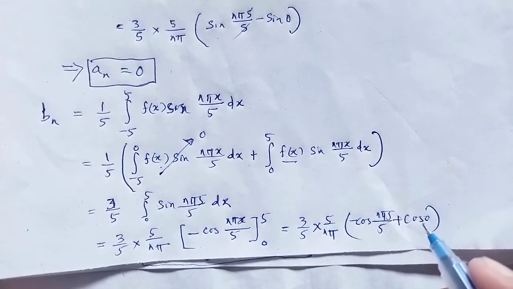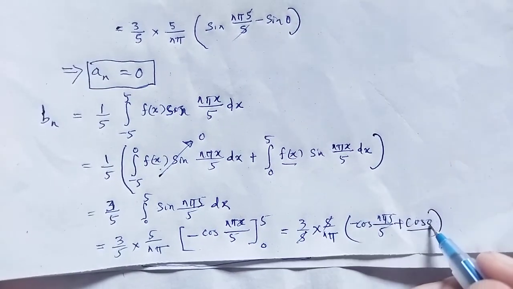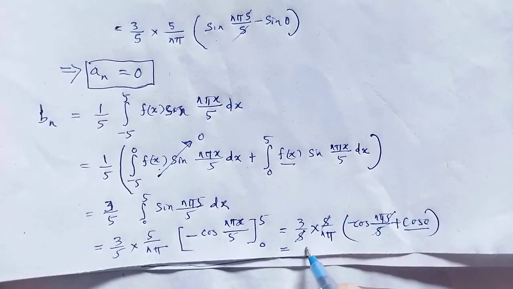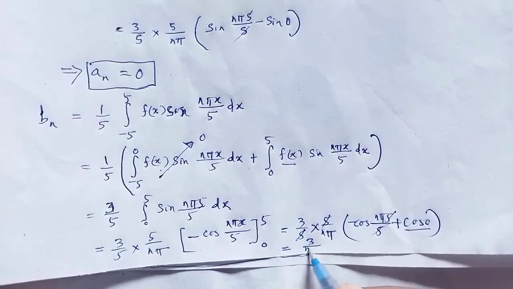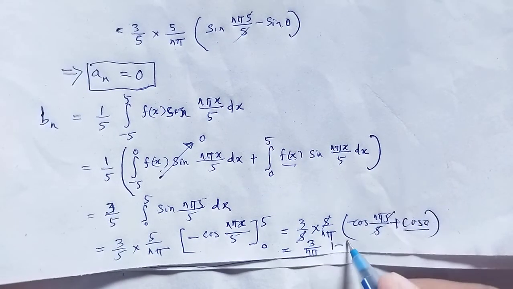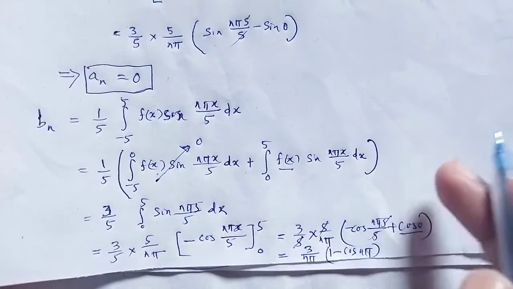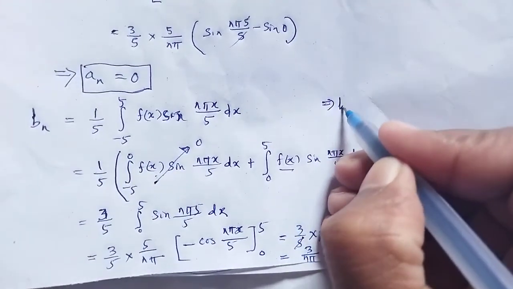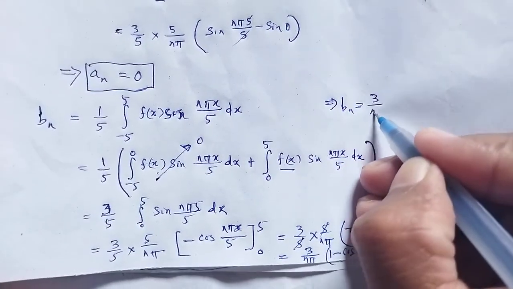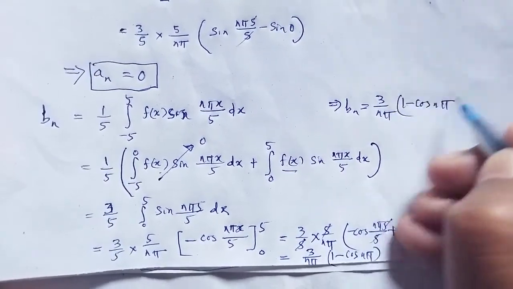Cos 0 is equal to 1, 5 cancels out, that is 3 by n pi, 1 minus cos n pi. Therefore here we have Bn equal to 3 by n pi, that is 1 minus cos n pi.